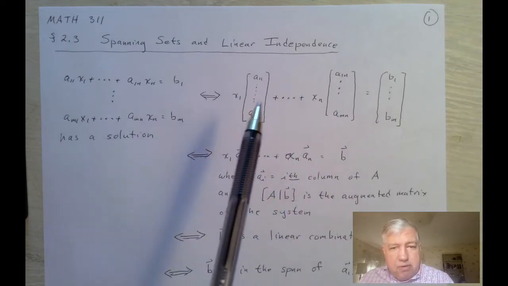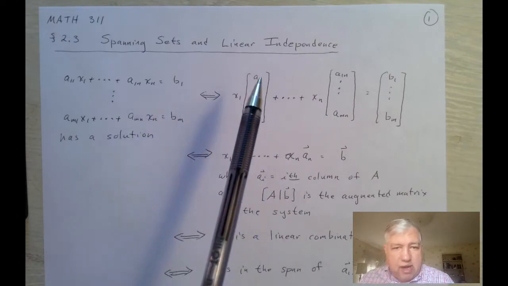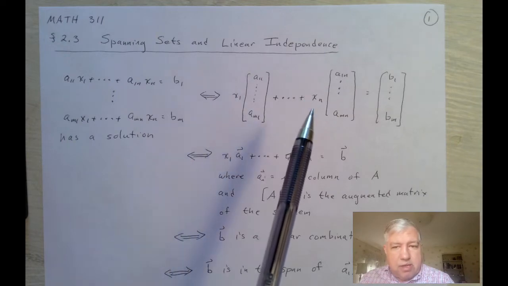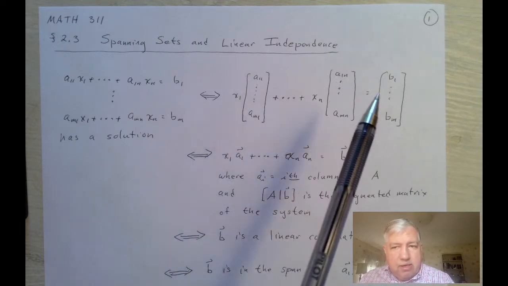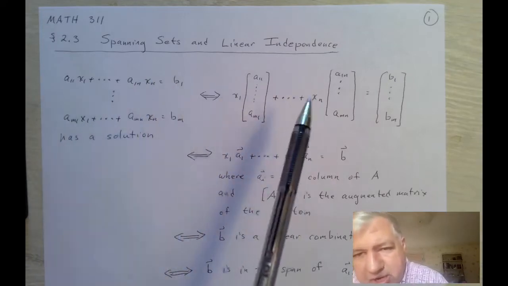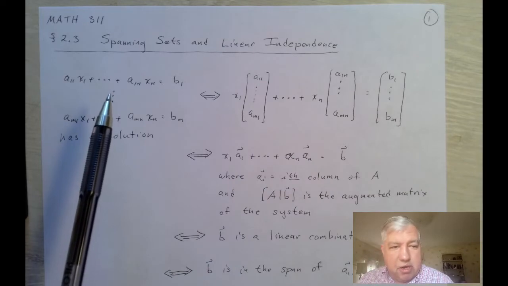Remember how we add equality of vectors: this just means x1 times a11 plus x2 times a12 plus xn a1n is equal to b1, and that's basically this first equation. So every component of this vector equation corresponds to a linear equation here.